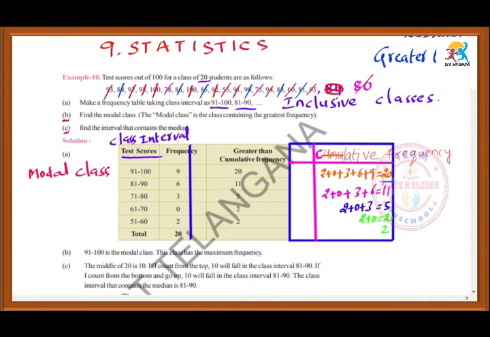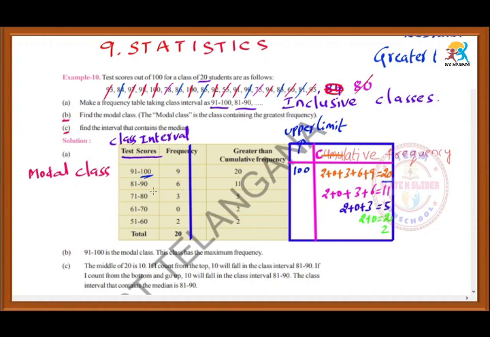What does the 20 say? This 20 is the number of students who got below 100 marks. What is 100? 100 is the upper limit, so I will write here upper limit. So the number of students who got below 100 is 20 students.